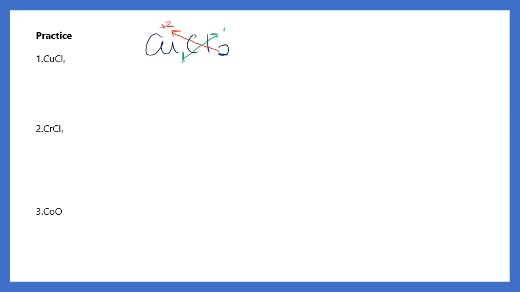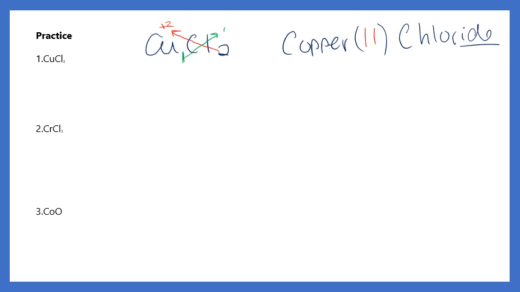So now I need to name the first element, which is copper. And then we have to write in its charge for the Roman numeral. So 2 takes the 2 lines. You can reference your sheet. And then the chlorine becomes chloride with that "ide" ending. Okay. I'd like you to go practice with 2 and 3. When you're done, you may move on to the next slide.